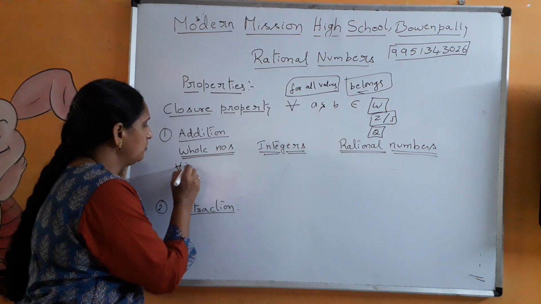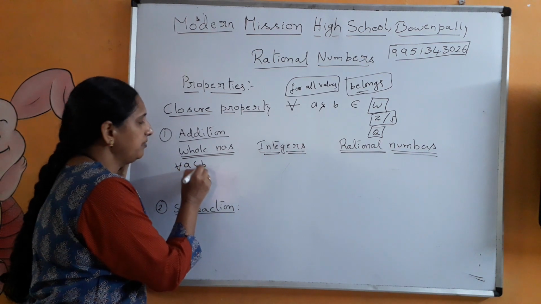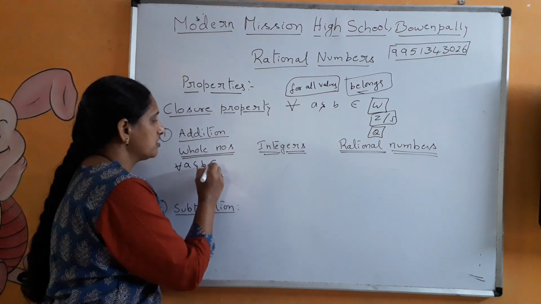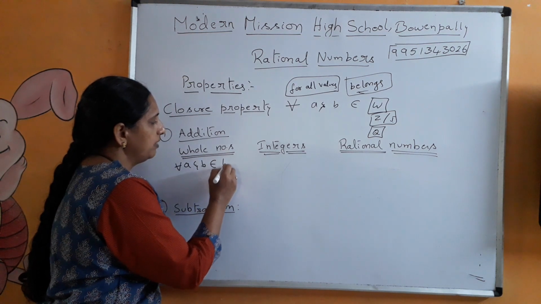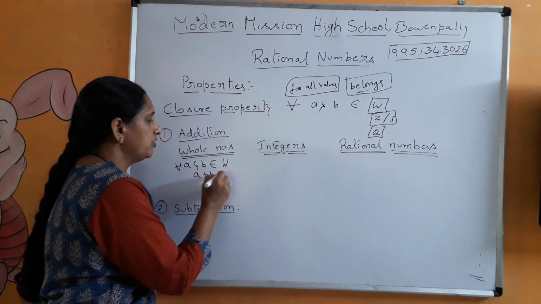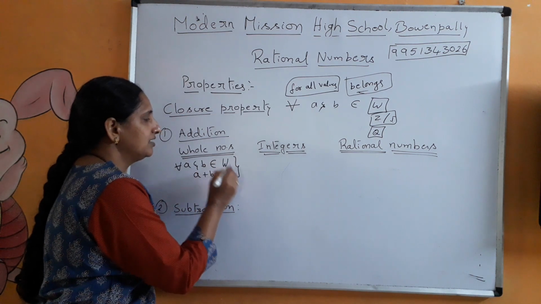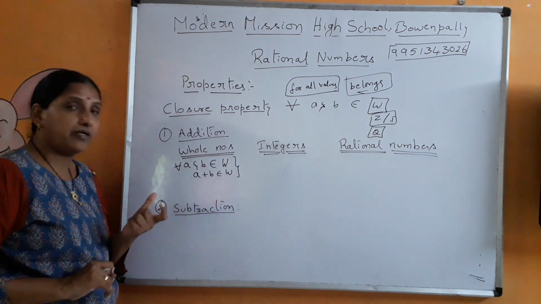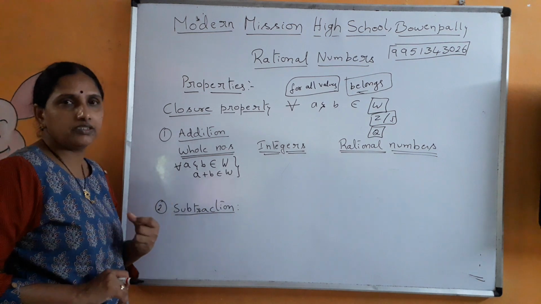For all values of A and B belonging to whole numbers, A plus B also belongs to whole numbers. This is the general formula for how you have to write. Now we are in class 8. You should know how to write this one.